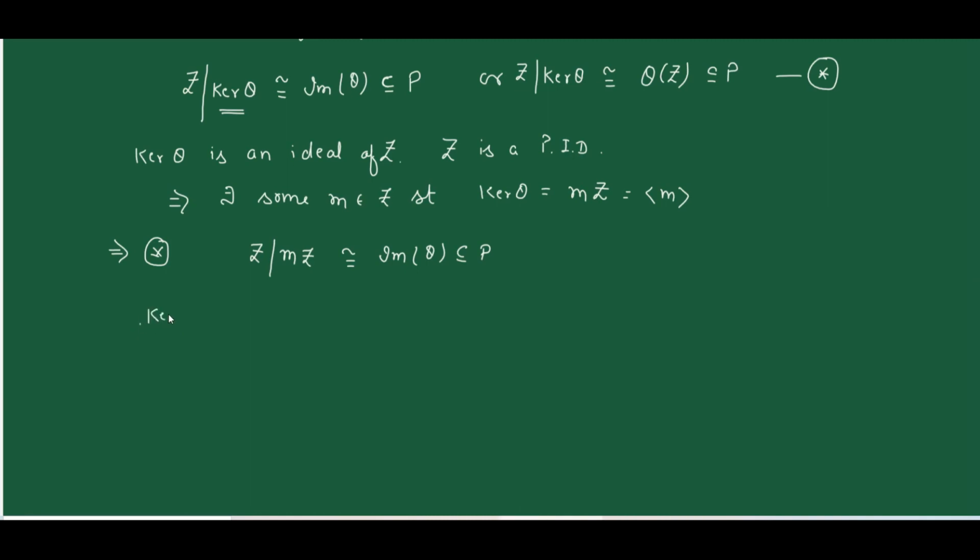Kernel theta is mZ, the ideal generated by m.